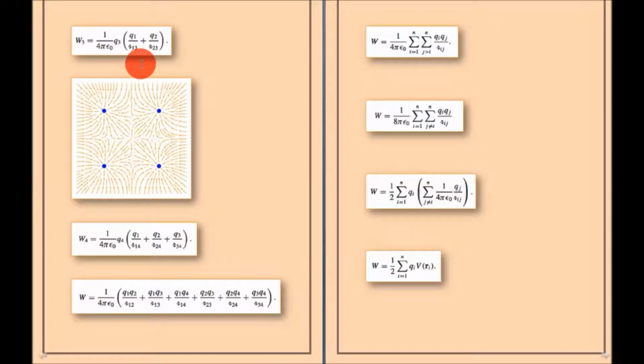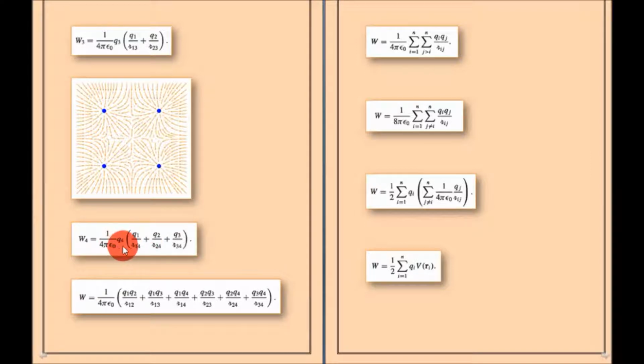Next you bring the third charge. You have to do more work. This time the work required is Q3 times the potential due to Q1 plus the potential due to Q2. And finally, when you bring the fourth charge, you have to do even more work.